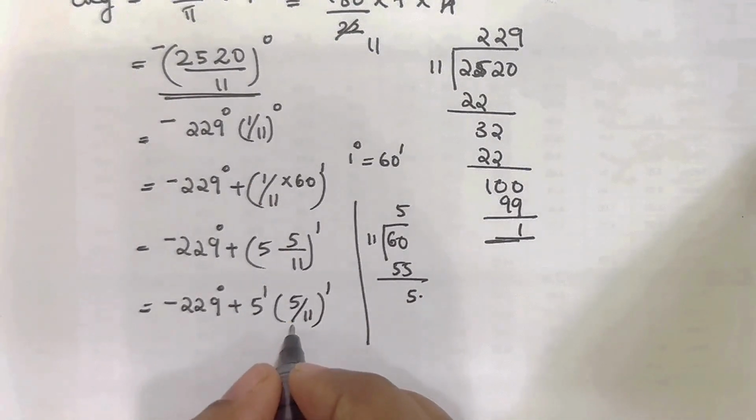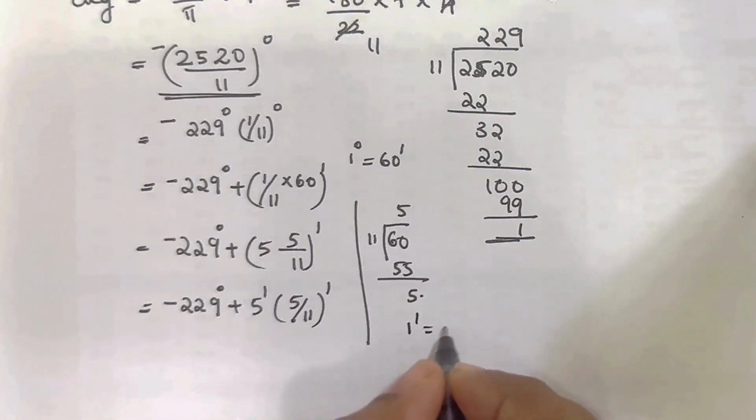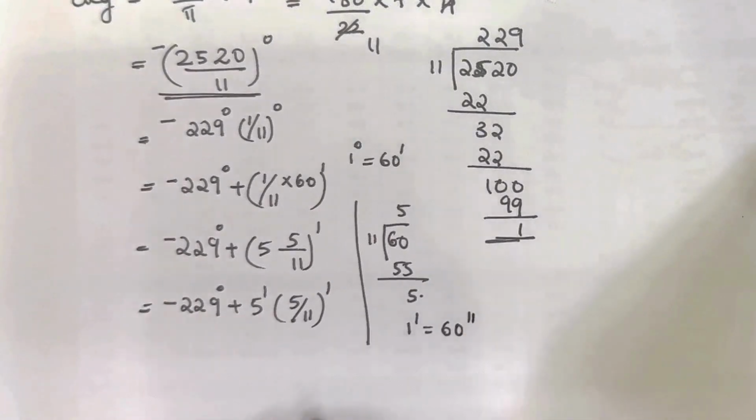That's negative of 229 degree plus 5 minute and 5 by 11 minute. Now again convert this minute to seconds by multiplying by 60. 1 minute is equal to 60 seconds.